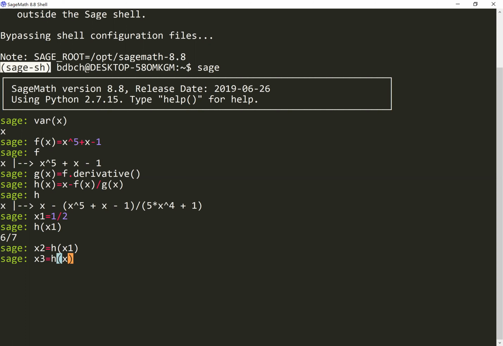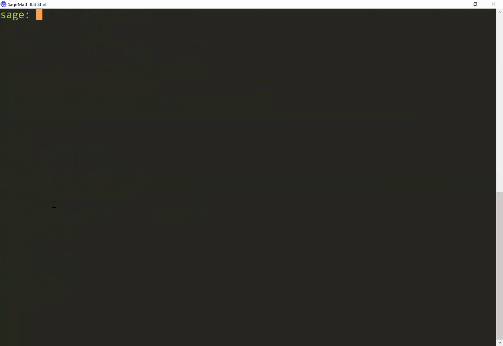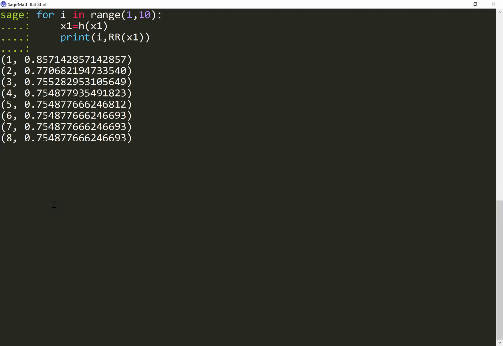If you do this by hand, it's actually really tedious. So we use programming, we use a loop. If you know Python, here is how to do the loop: for i in range 1 to 10, x1 is h(x1), print i and x1. Let's run it.